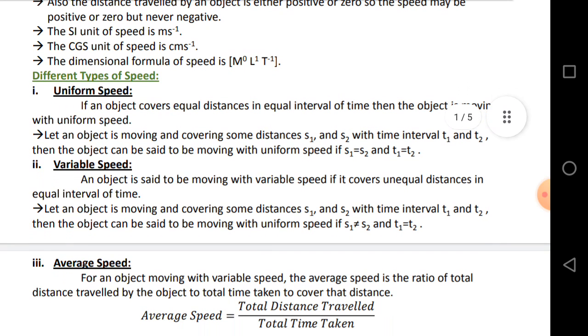Okay. Then variable speed. If an object is moving and covering unequal distances in equal intervals of time, then you can say the body is undergoing variable speed. So let an object be moving and covering some distances s1 and s2 in time intervals t1 and t2.